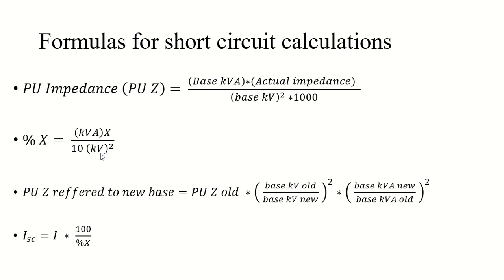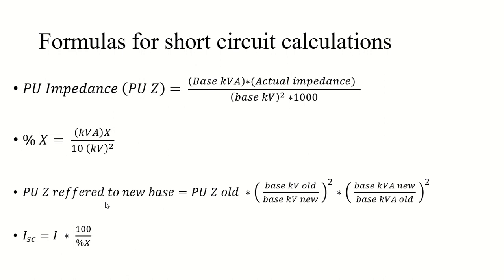Now, in some cases, you are forced to change the base values. If you go deeper in the numericals, you will see there are some sums in which you have to change the base value. So in such cases, what do we do? You have to find the impedance again as per the new base. There is a formula for per unit impedance referred to the new base.